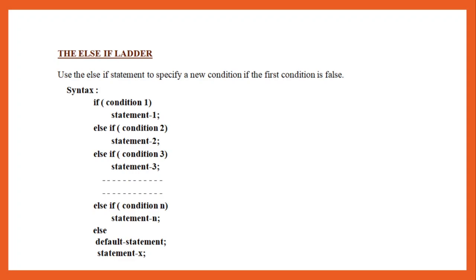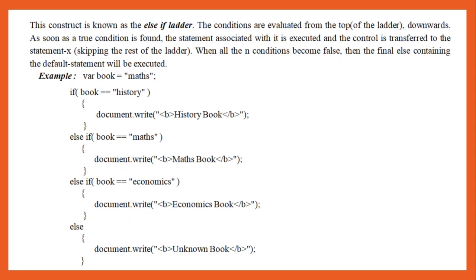Now, if the condition fails, then again we check a condition with if in the else part. That's why if the first condition is false, then the else if condition 2 will be checked. If condition 2 is true, then statement 2 is executed. If the condition fails, it goes for condition 3, and so on up to condition n. See the example for this.